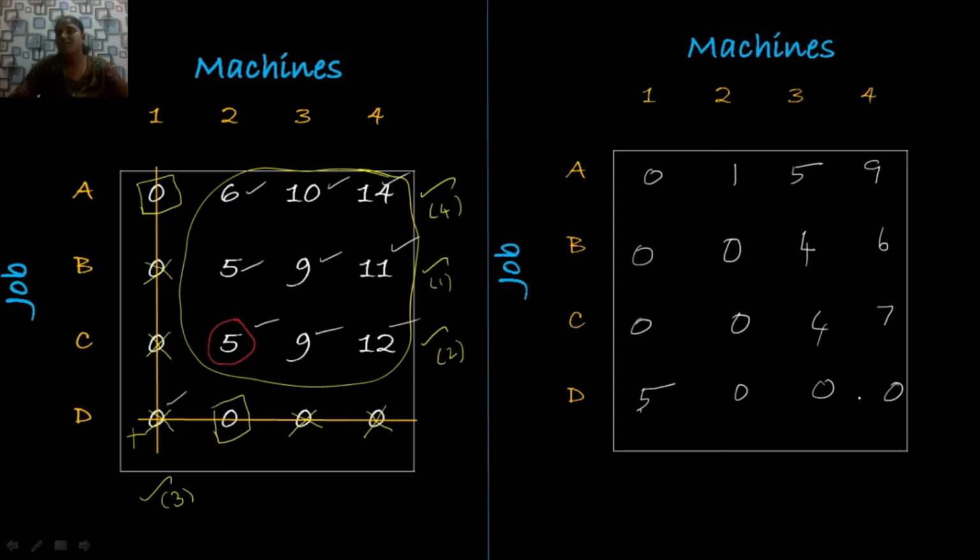So after this, we have to make an assignment. As usual, we give the first preference to the rows which have the minimum number of zeros. So the first row has only 1 zero, the second row has 2 zeros, the third row also has 2 zeros, and the fourth row has 3 zeros. So we give the first preference to the first row since it has only 1 zero.